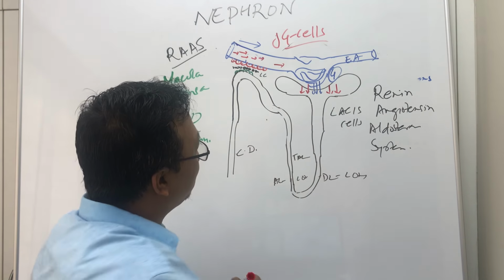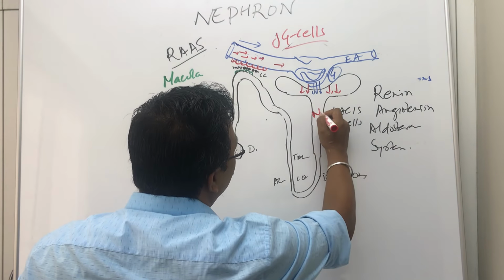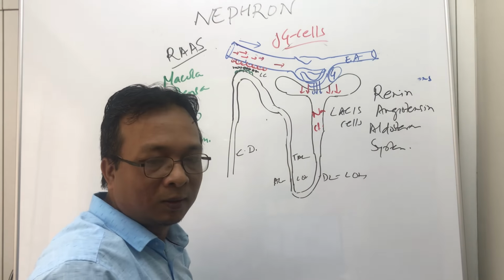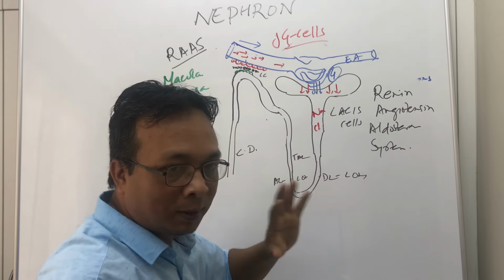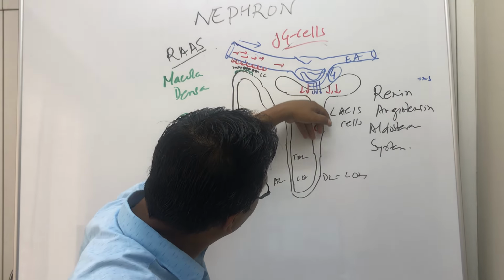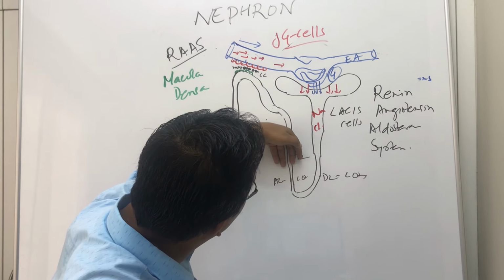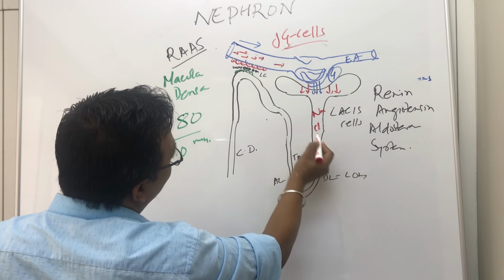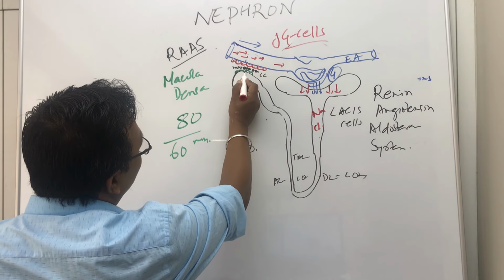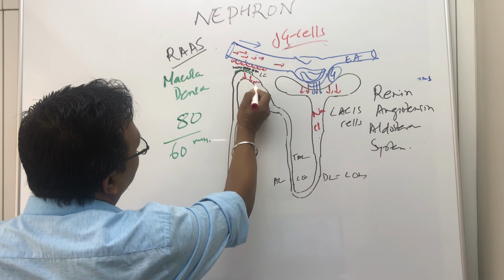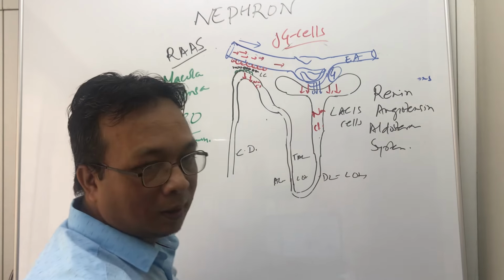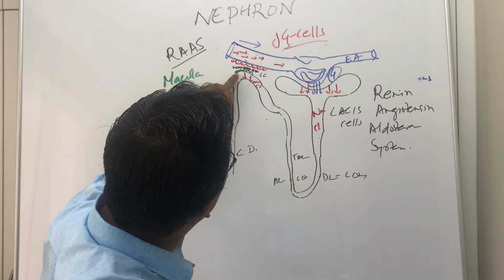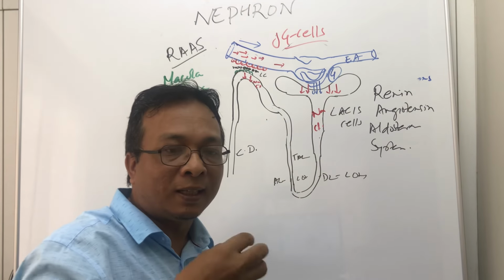Now what does this fluid contain? The fluid contains sodium chloride basically. There are many electrolytes, but we are concerned with sodium and chloride. So less fluid is moving this way, and less fluid means less sodium chloride. When less sodium chloride passes through this distal tubule, the macula densa cells can sense this.